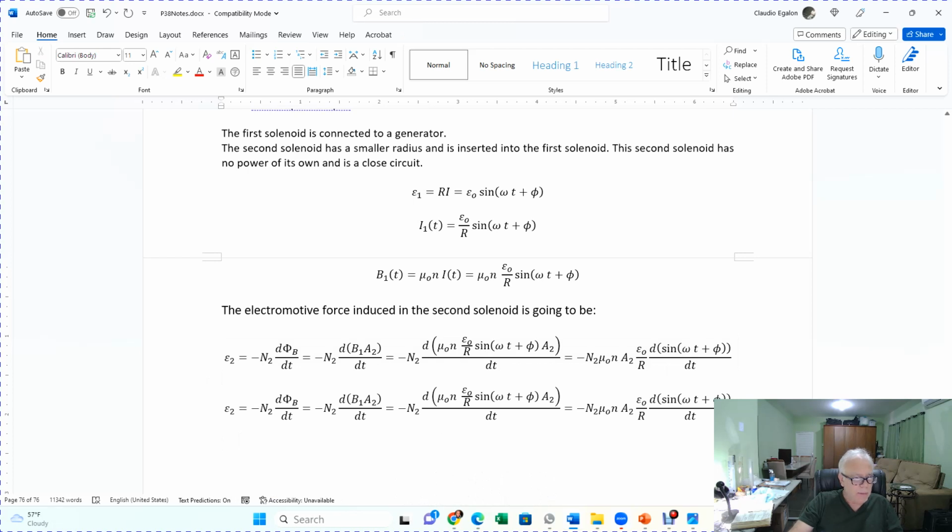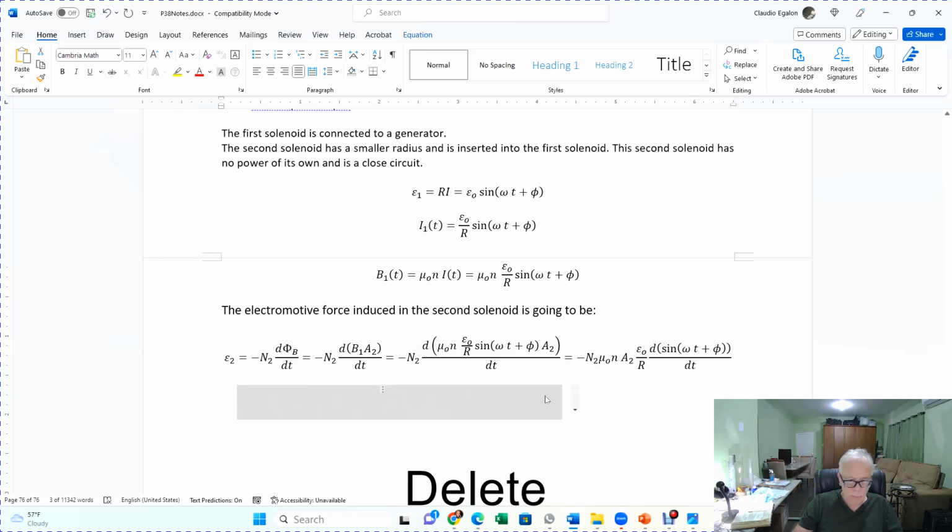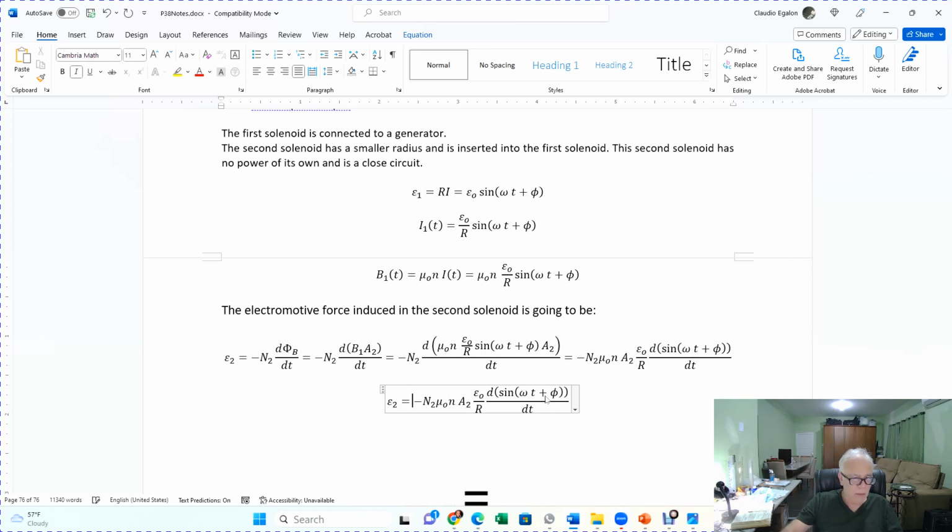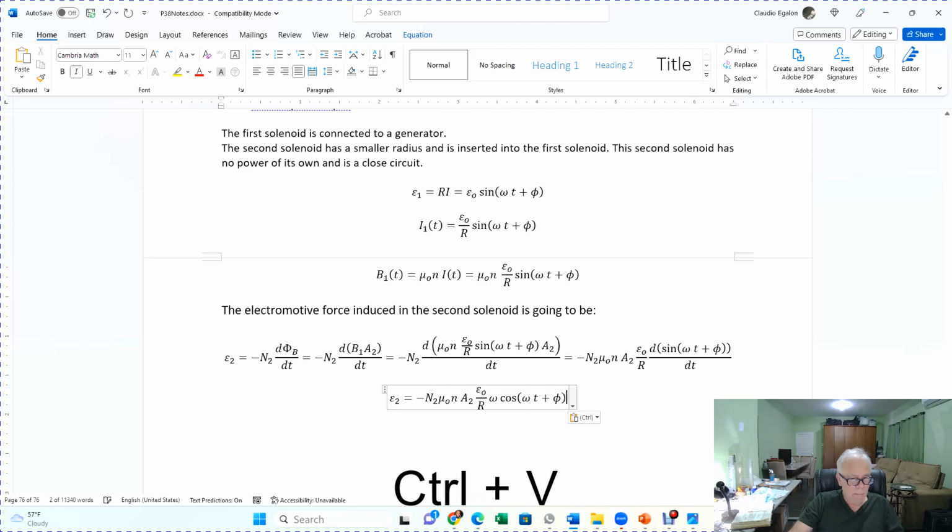You can see that the electromotive force induced in the second solenoid is going to be a cosine omega t right here. That's what's going to be the electromotive force induced in the second solenoid.